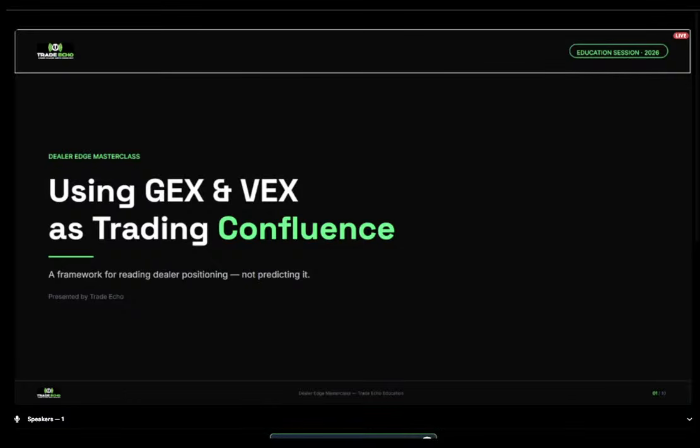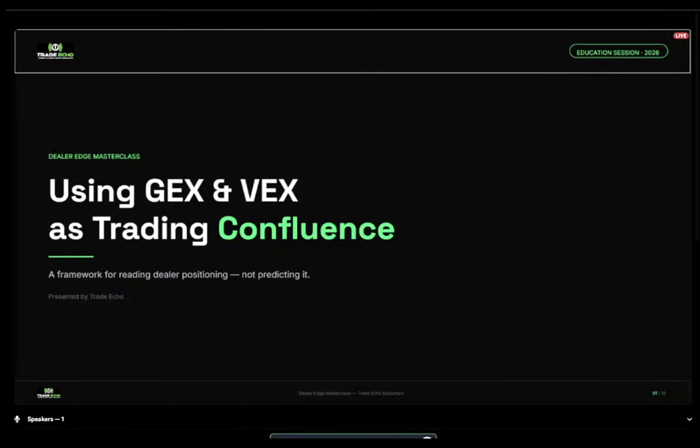Today we're going to be going over Dealer's Edge, specifically how to use GEX and VEX as trading confluence. So the key word here is confluence. This is not really a buy signal. It's not really a sell signal, nor is it a crystal ball by any means. What I like to think about Dealer's Edge is giving us more context in the market.